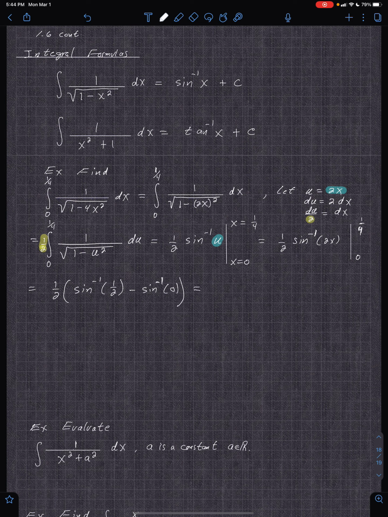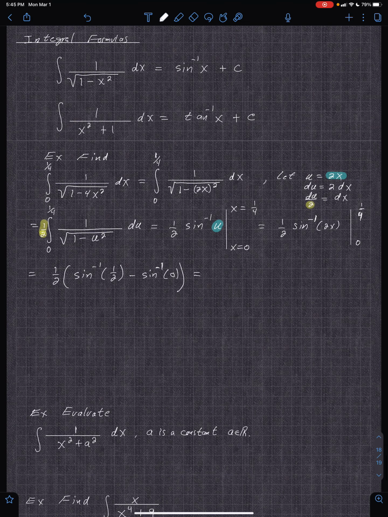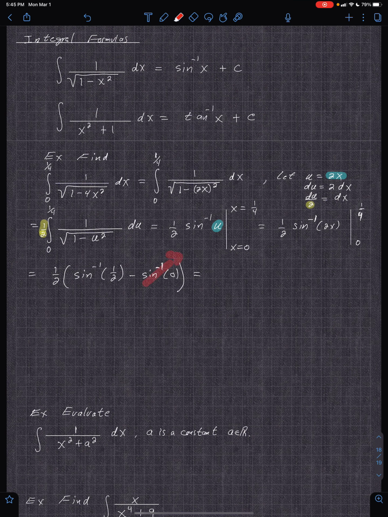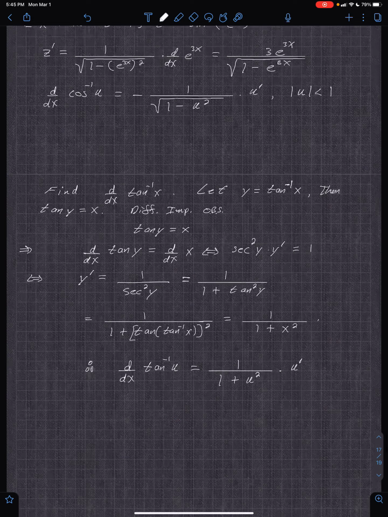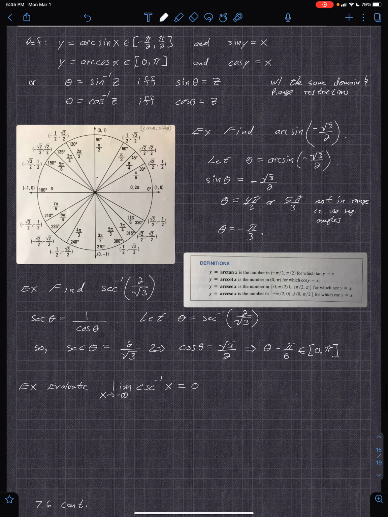We have to evaluate sine inverse of 0 and sine inverse of a half. Sine inverse of 0 is 0 because sine 0 is 0, so that one's easy and just goes to 0. For sine inverse of a half, what value of sine is a half?